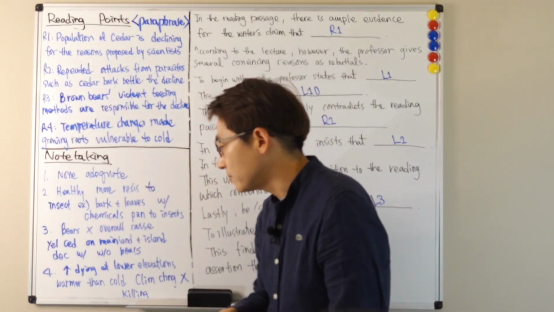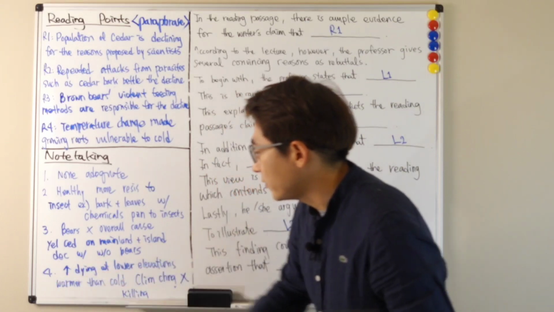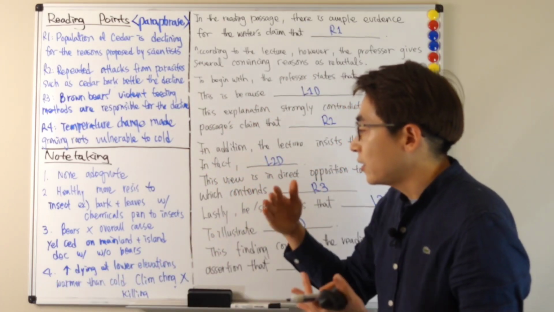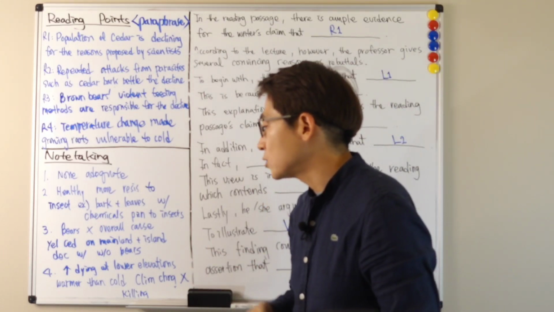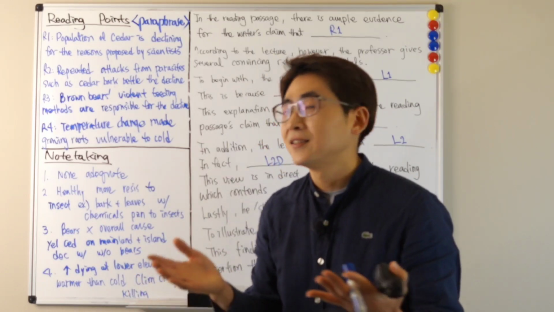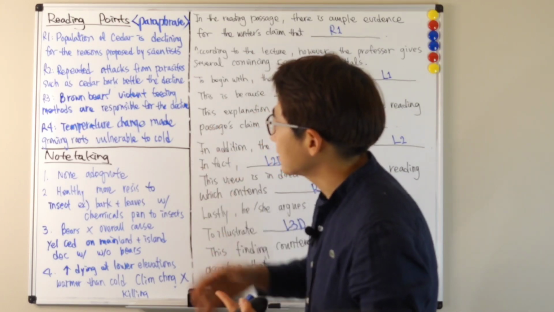And lastly, the professor made a point saying that there were more deaths at lower elevations. And when you're at lower elevations, the temperature is warmer than colder. So, which counters the reading passage.